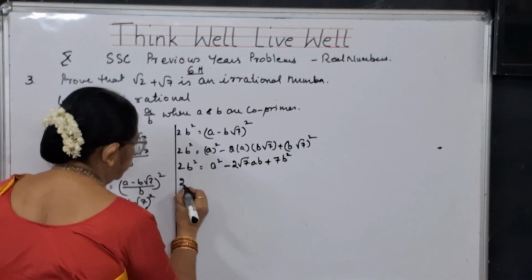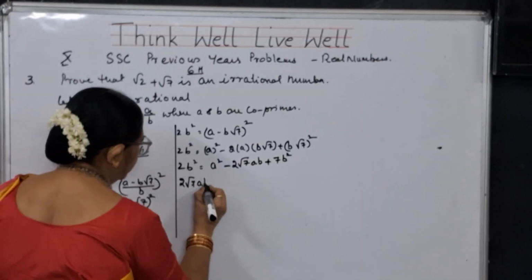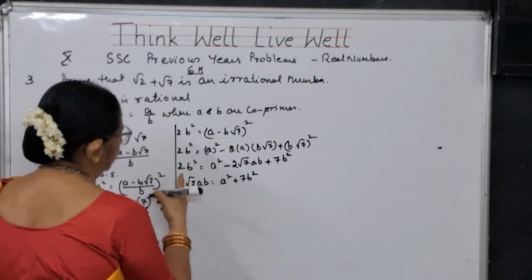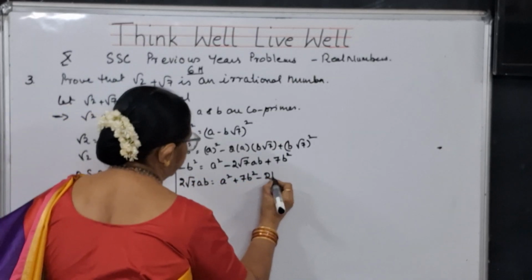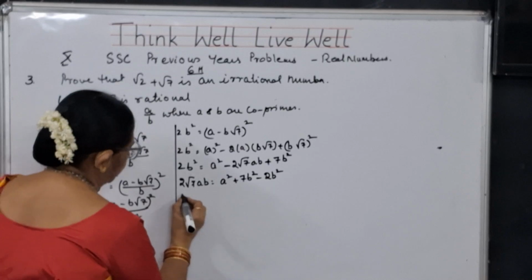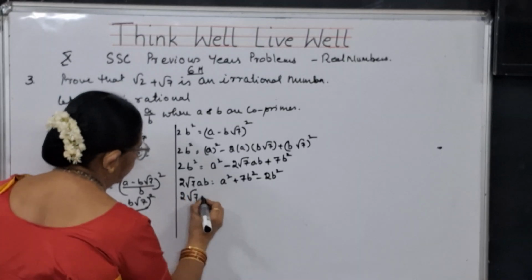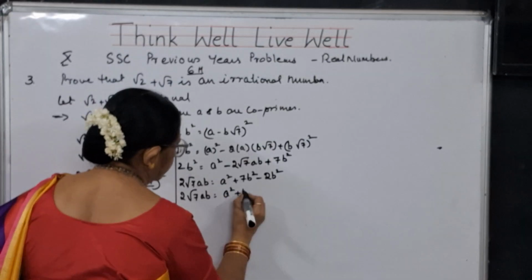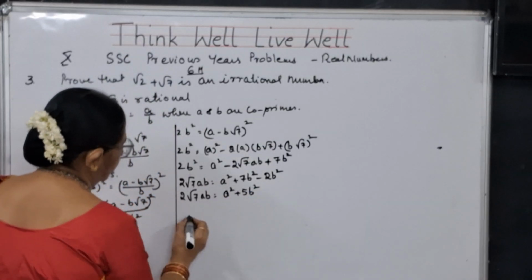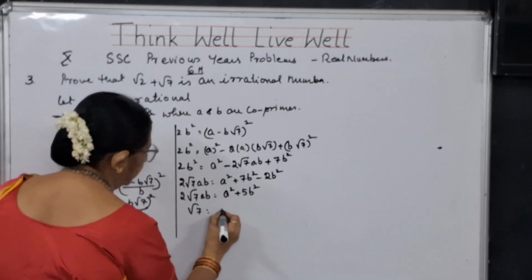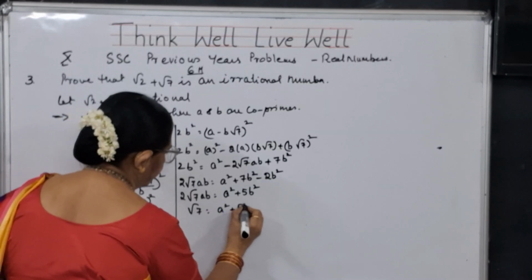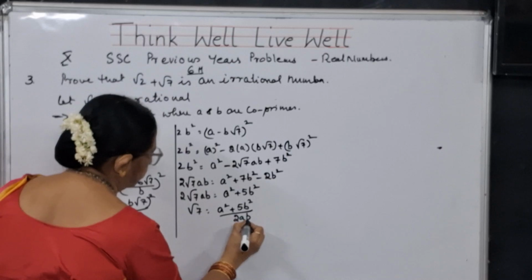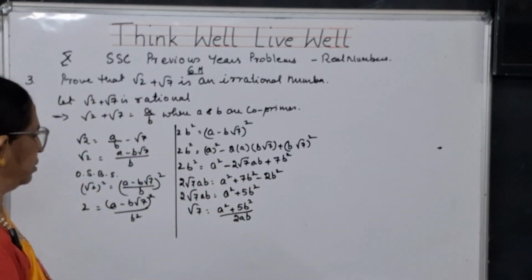Minus 2 root 7 ab, I'll bring it here, is equal to a square plus 7b square minus 2b square. So, 2 root 7 ab is equal to a square plus 5b square. So, what is root 7? Root 7 is a square plus 5b square by 2ab. I have sent the 2ab here.